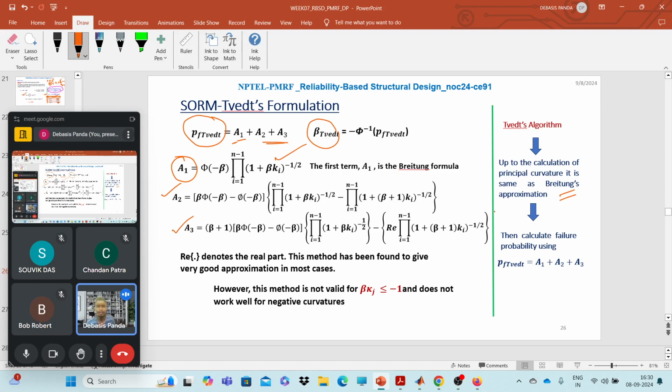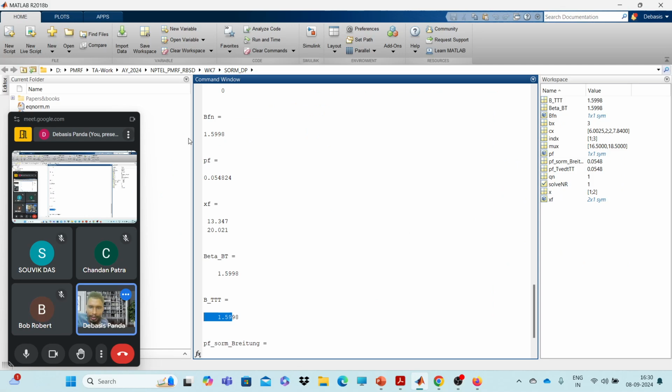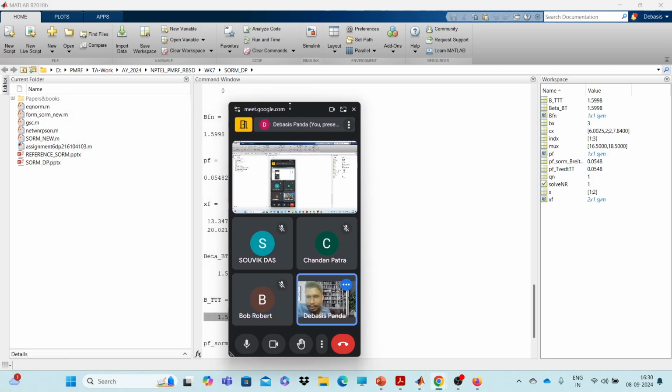Now we need to make two more terms for the additional curvature information, A2 and A3. So your PF will be nothing but the Breitung approximation plus some approximation over the curvature part. Okay, so we just need to incorporate these three things. Let's go to the code and incorporate this. The Tvedt model is already incorporated here.